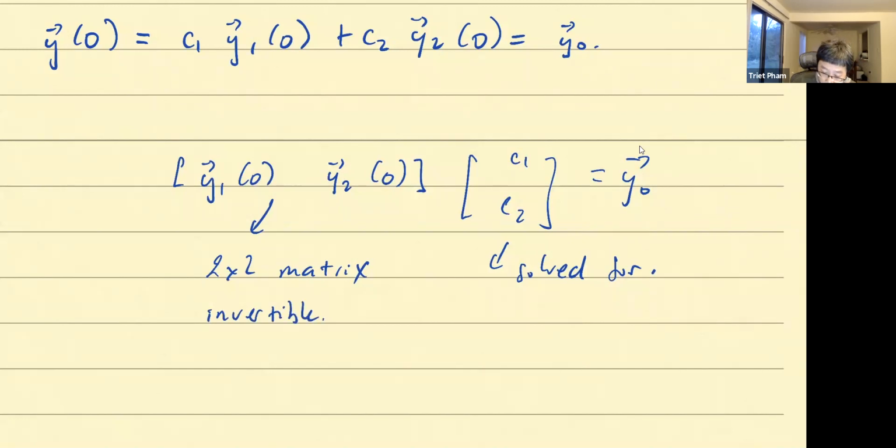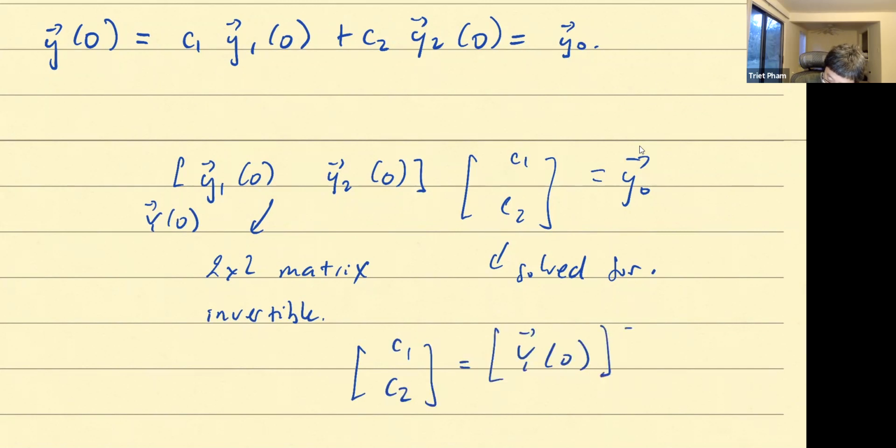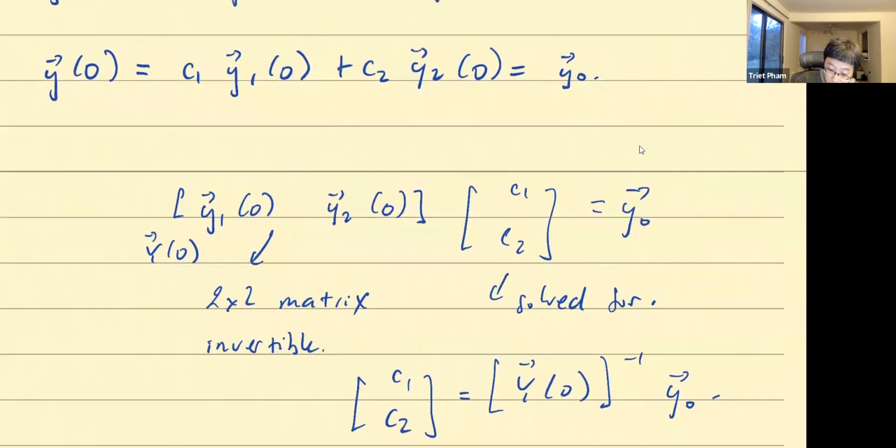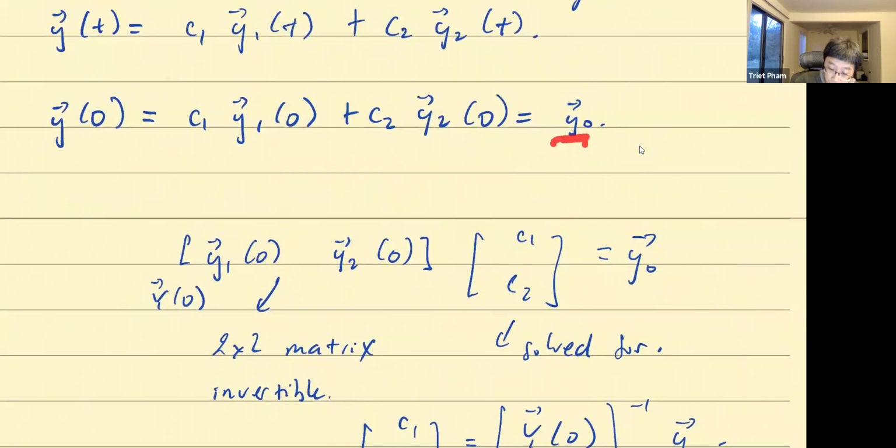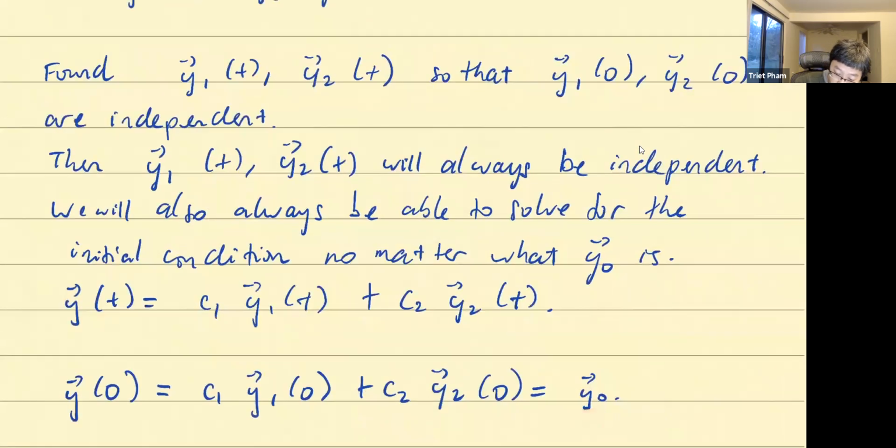If this matrix is invertible, let's call this matrix y of 0 as a matrix, then C1, C2 will just be the inverse of that matrix times this. So that's why you can always solve for C1, C2, no matter what the initial condition is, as long as you have independent solutions.